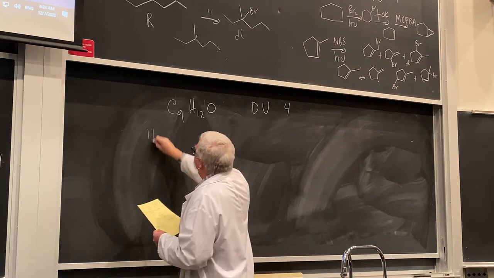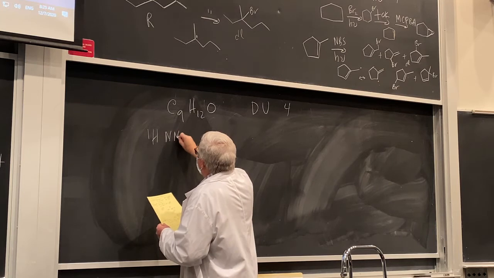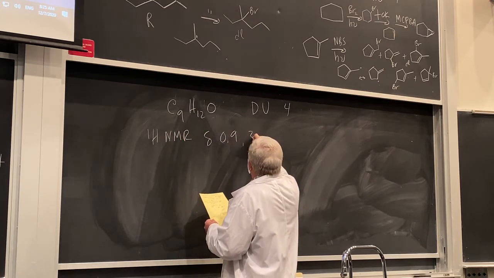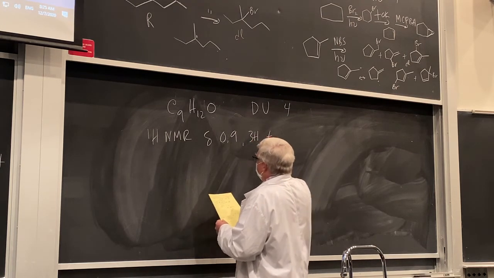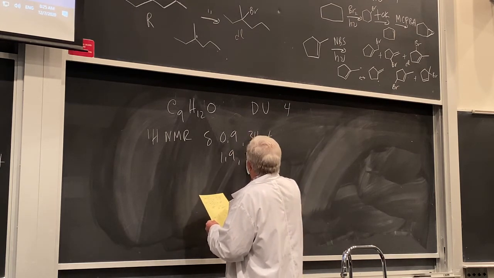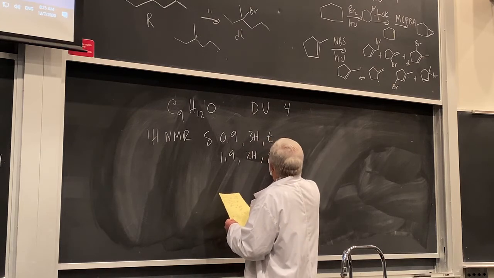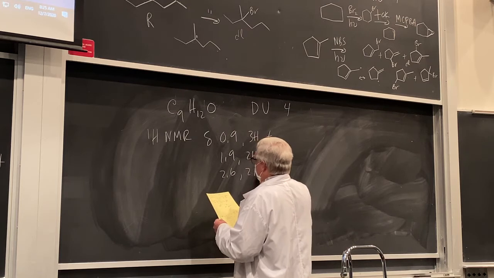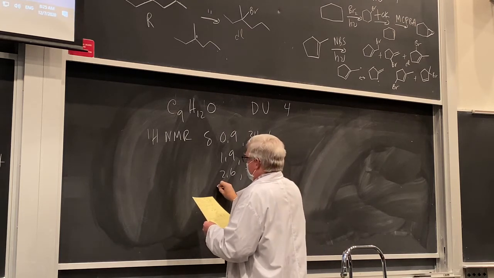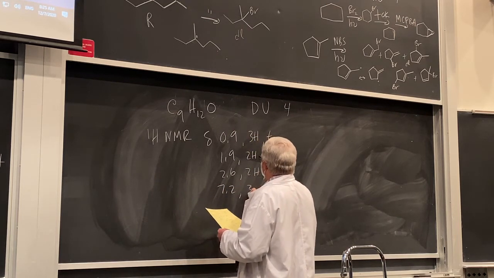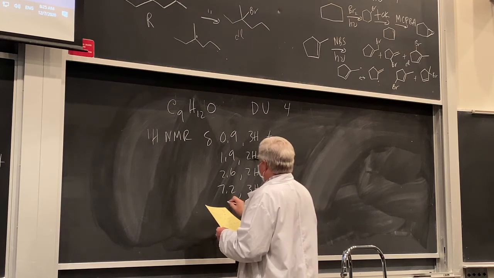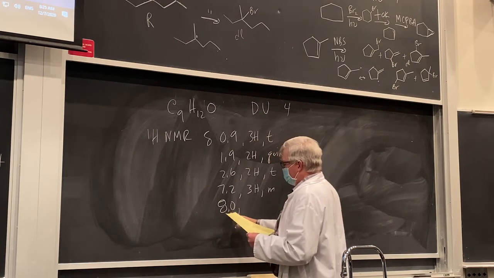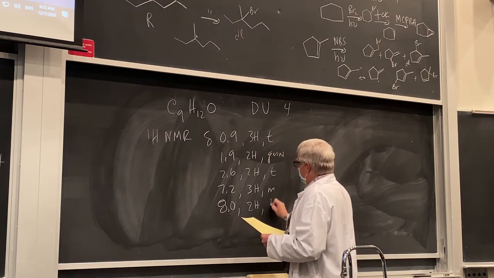Proton NMR looks like this. Let's see, we've got delta 0.9, 3 hydrogens triplet, 1.9, 2 hydrogens quintet, 2.6, 2 hydrogens triplet, 7.2, 3 hydrogens multiplet, 8.0, sorry, 2 hydrogens doublet.